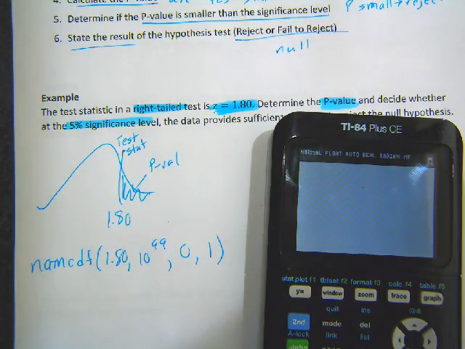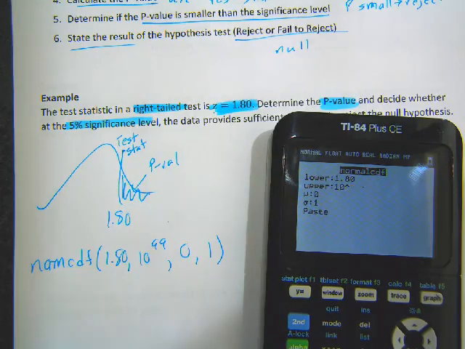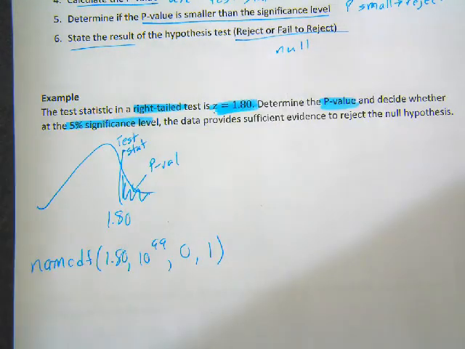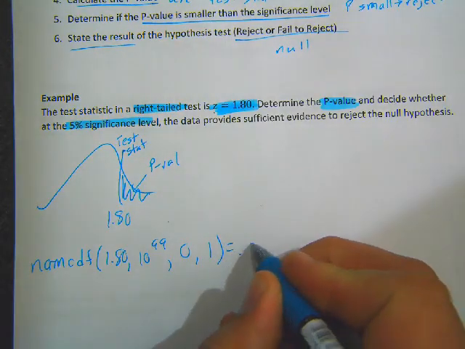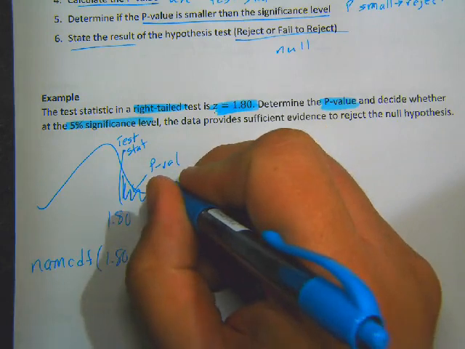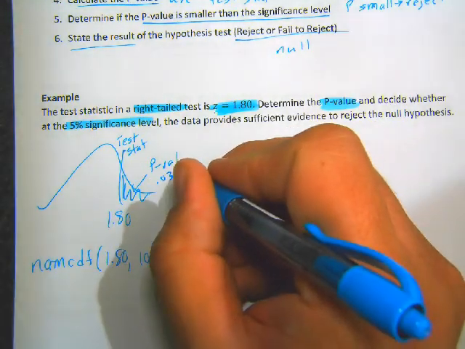So I'm going to do second distribution, normal CDF. Start with 1.8. 10 to the 99th, because I can go off to infinity. 0 and 1, because it's a standard normal distribution. And that gives me 0.0359. That is this area. So the p-value, the area here, is 0.0359.